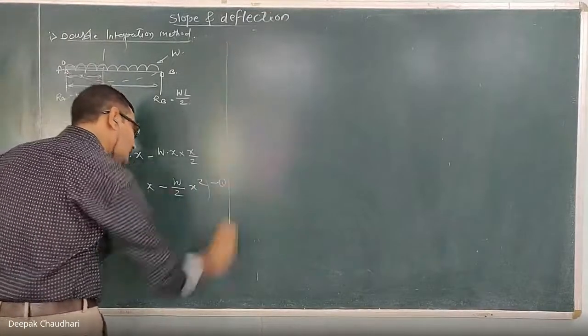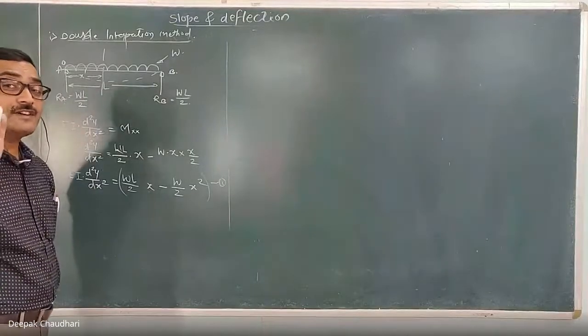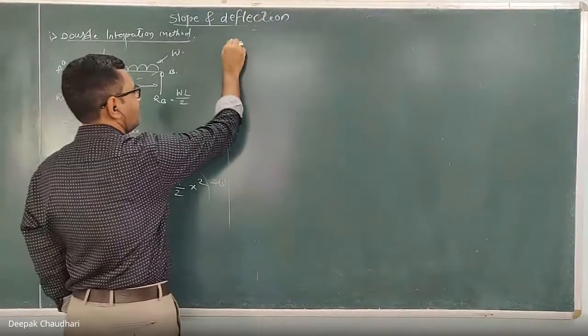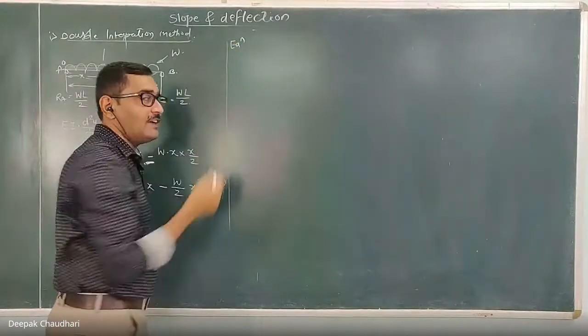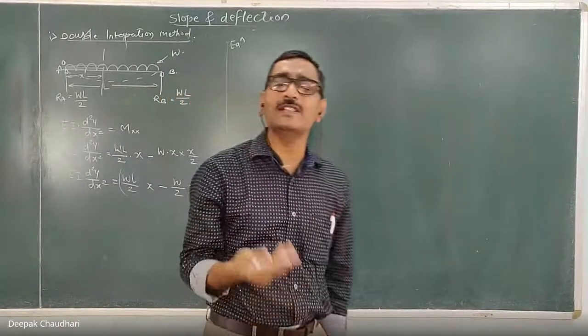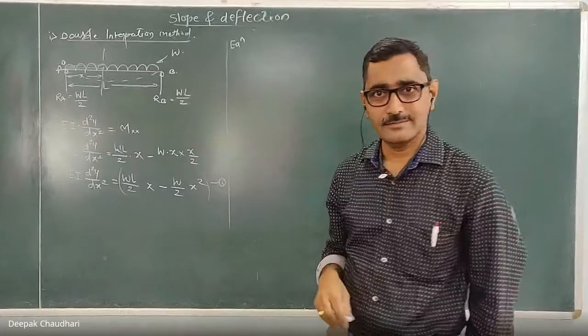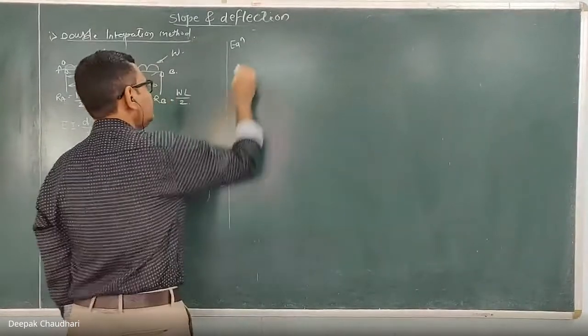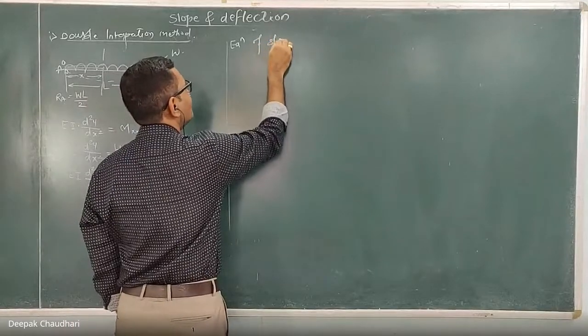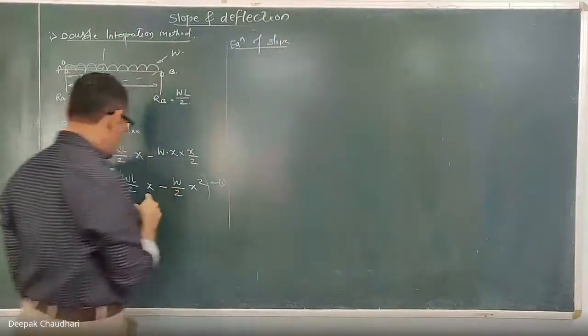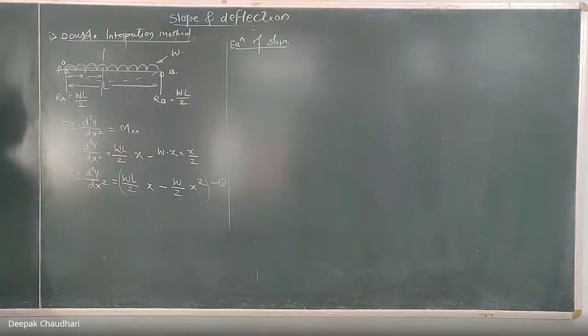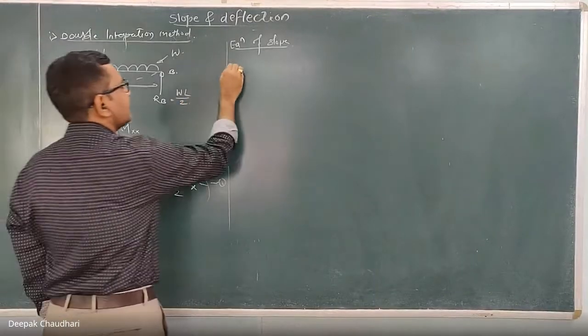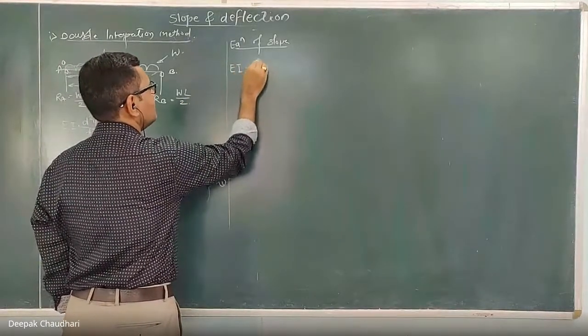Now we have to write down the equation of slope. First I will write down the equation of slope, and with the help of that equation, I can calculate the slope at different points. Now how can I get the equation of slope? To get the equation of slope, integrate this differential equation of the elastic curve. If I integrate this equation, I will get EI into dy by dx.